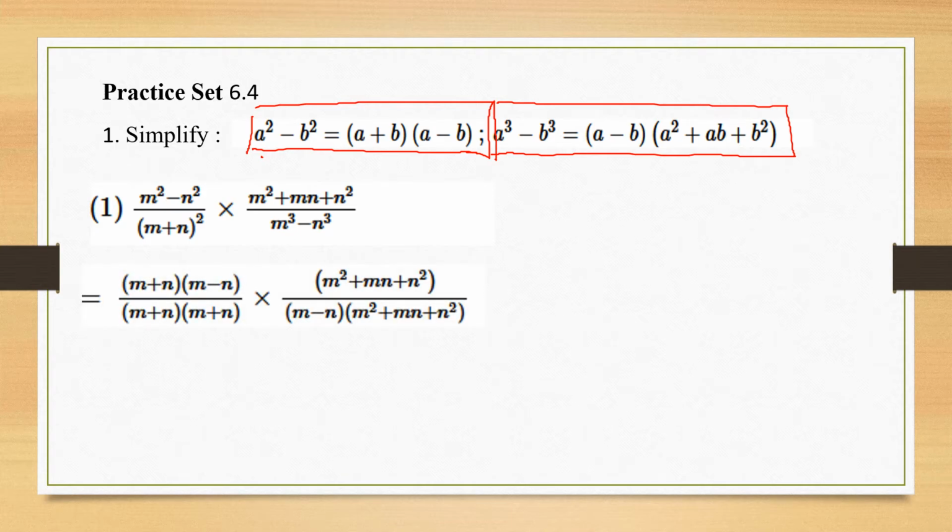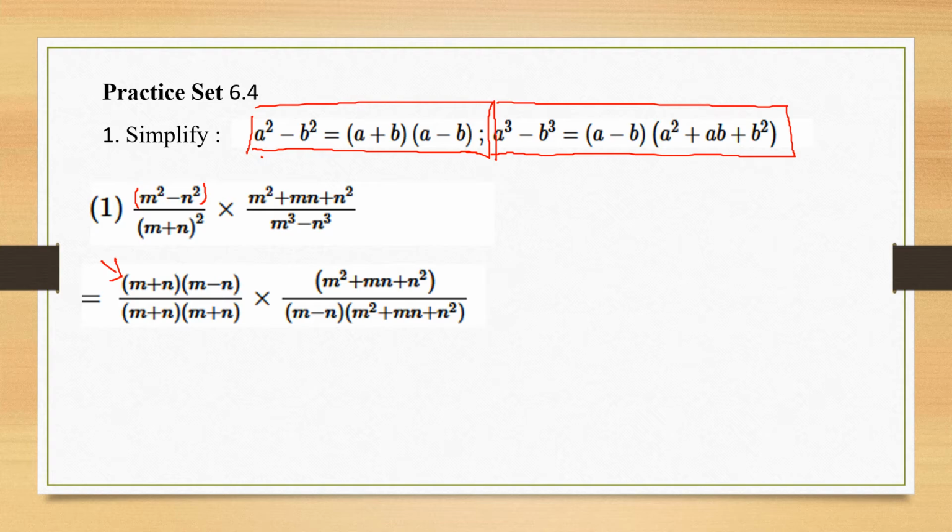Now let us solve one by one. For m squared minus n squared, we'll use the formula a squared minus b squared and expand it. This becomes (m plus n)(m minus n). The denominator is (m plus n) whole squared, so we'll write it as (m plus n)(m plus n), because m plus n is twice.